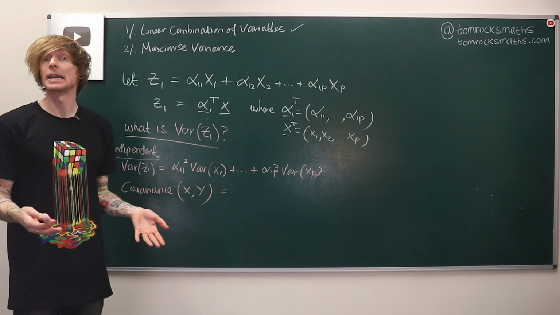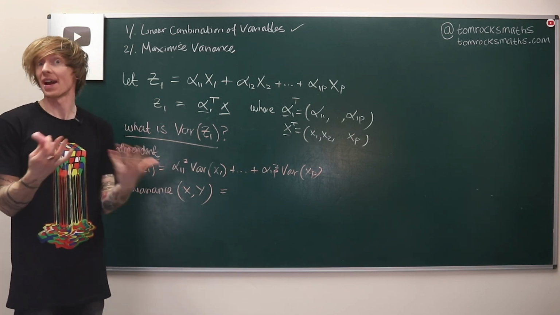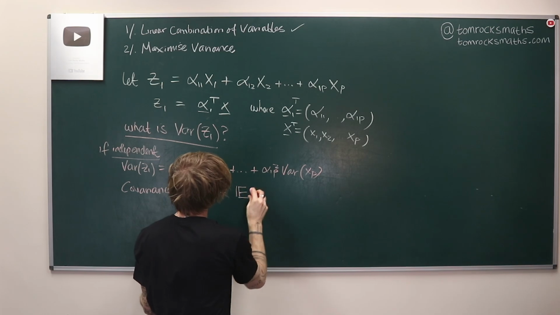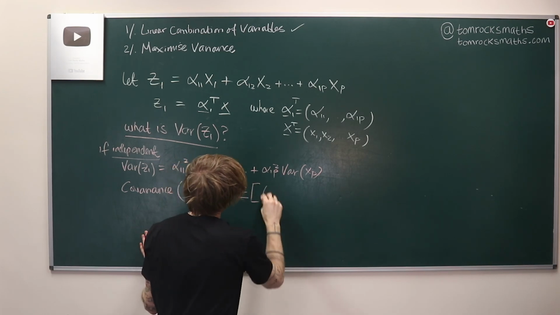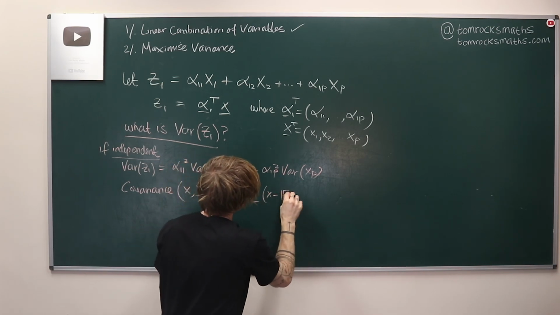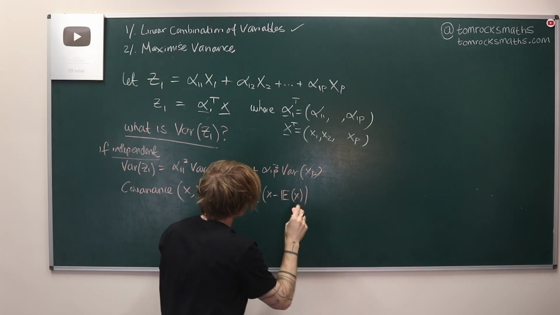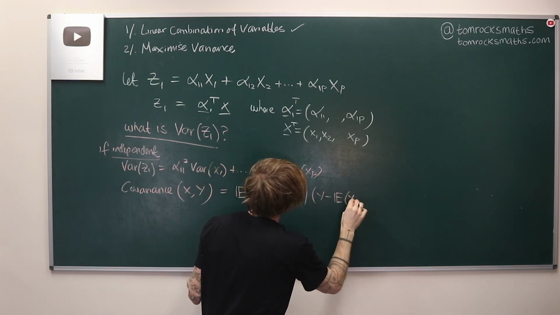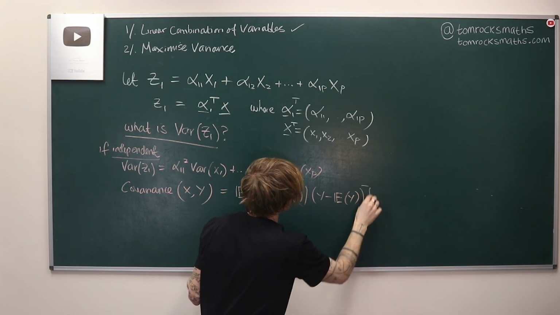And this is actually defined in a very similar way to the variance. So the covariance of x and y is the expected value of x minus E of x, so that's x minus its mean, multiplied by y, also minus its mean.